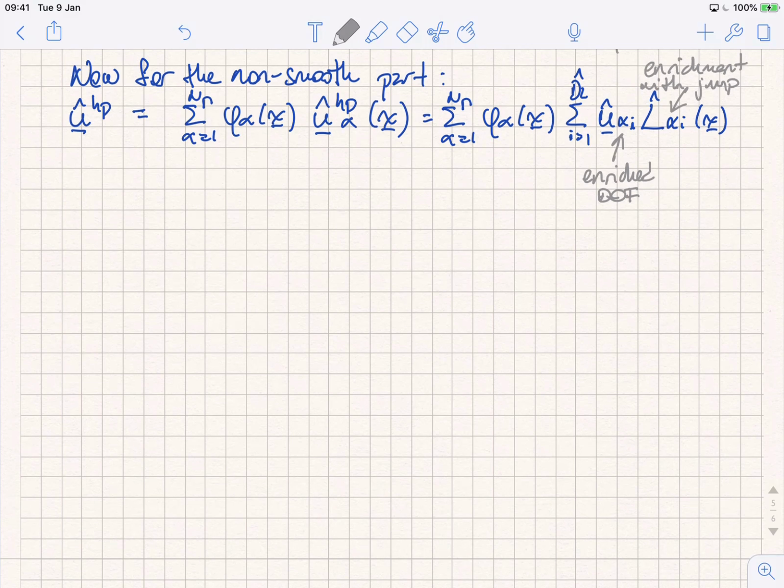In HP, you can reduce the error by making your element smaller, in which case you have the H part, and then the P part is by increasing the polynomial order. So that's why I wrote HP and not just H, as we would do when the interpolation is associated to a finite element discretization alone. No, it's the HP extension, so we can actually add polynomial enrichments to crank up the polynomial order. That's what I meant, okay?